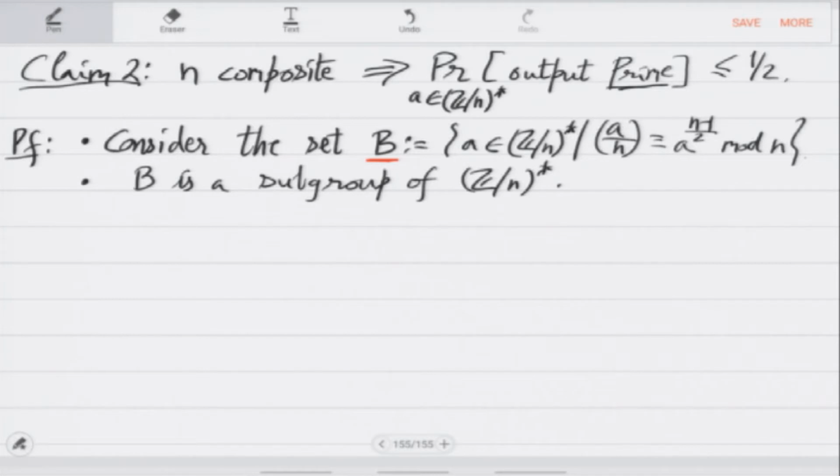Since it's a subgroup, the size of B divides phi n. So either the size of B is phi n or it is less than or equal to half of that.